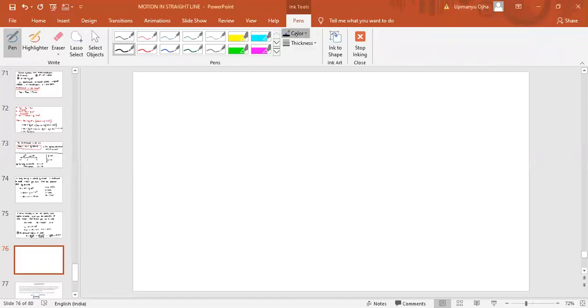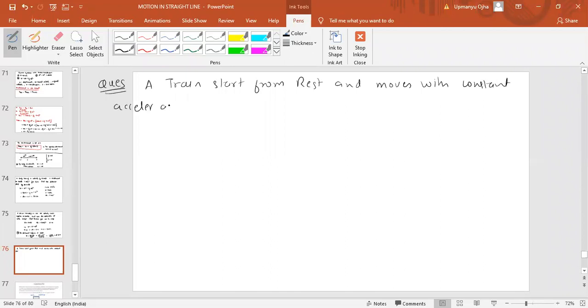Next problem, can you write? A train starts from rest and moves with a constant acceleration of 2 meter per second square for half a minute.